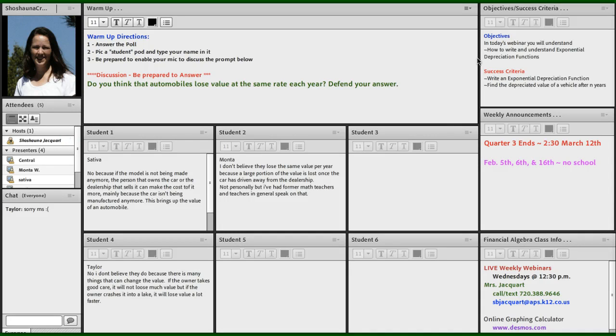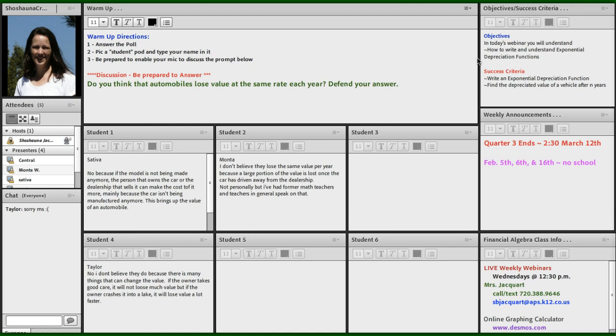I agree with that. Also, the other thing that I was thinking of is, last week we spent time on what's called straight line depreciation. And this week we're going to do what's called exponential depreciation, and some of you have done that. So do they always lose value at the same rate? Like if you bought a $20,000 car, does year one they lose 2,000, then 2,000, then 2,000, then 2,000?